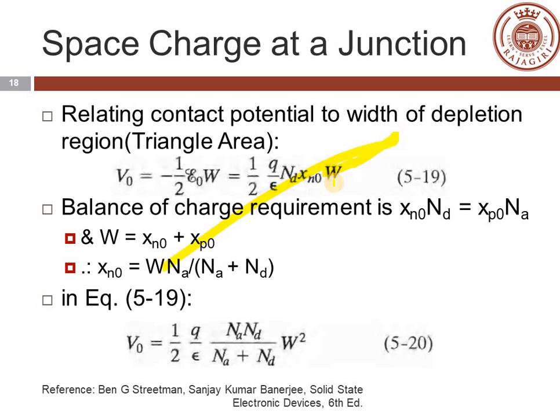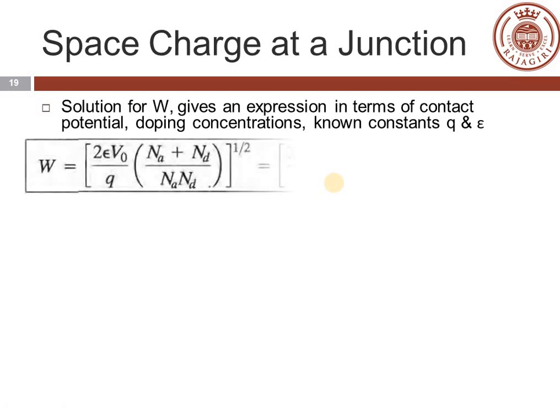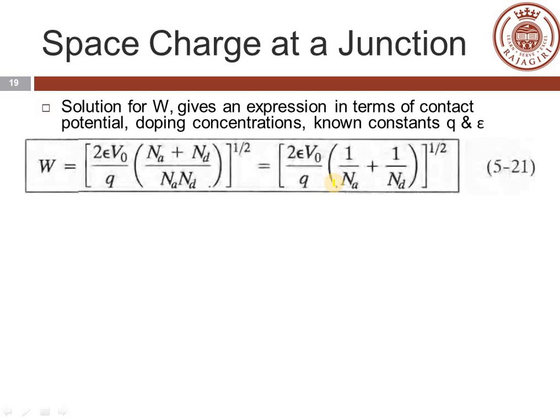Now from this particular equation we will find W. So W can be written as the square root of (2 epsilon V0/q) times (N_a + N_d)/(N_a N_d), which you can write as 1/N_a + 1/N_d.